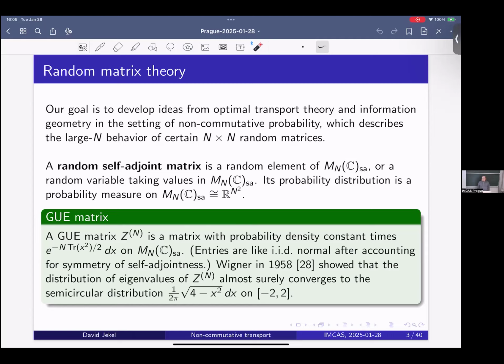And Wigner's semicircle law is a famous result. Wigner was studying this in hopes of having similar behavior to the energy levels of atoms. And he showed that in the large n limit, the distribution of eigenvalues converges to a semicircular density from -2 to 2.